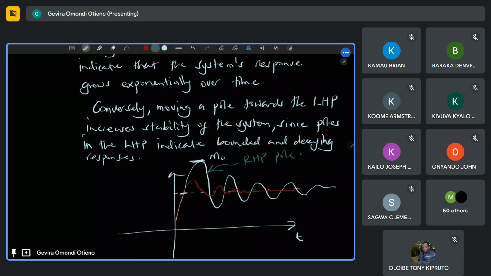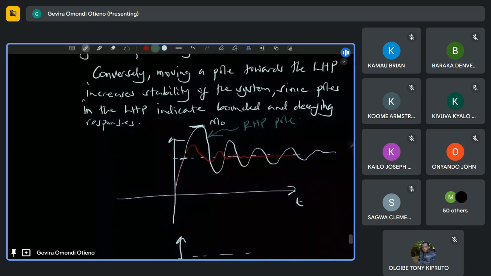Okay. And this is the response for the left half plane pole. So you can see that the overshoot for the left half plane pole is smaller. The settling time is faster. So the system stabilizes sooner rather than later when compared to the right half plane. Okay, that's what we are trying to say.